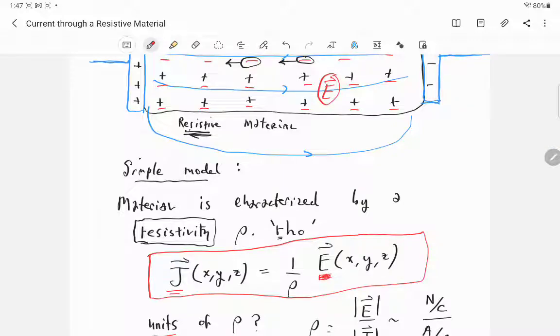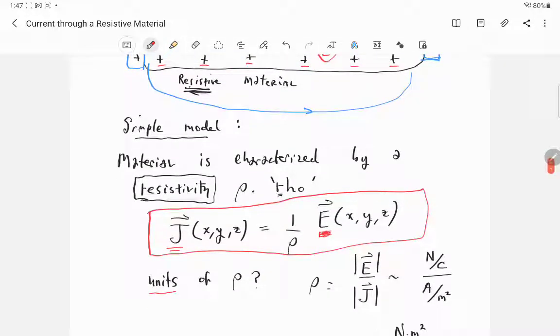It says that the current density of how these electrons move within the material is just proportional to the electric field by this thing called the resistivity. It's actually 1 divided by the resistivity. So if you have a very resistive material, then 1 divided by that large resistivity is a small number. And that small number times even a strong electric field gives rise to a small amount of current density.